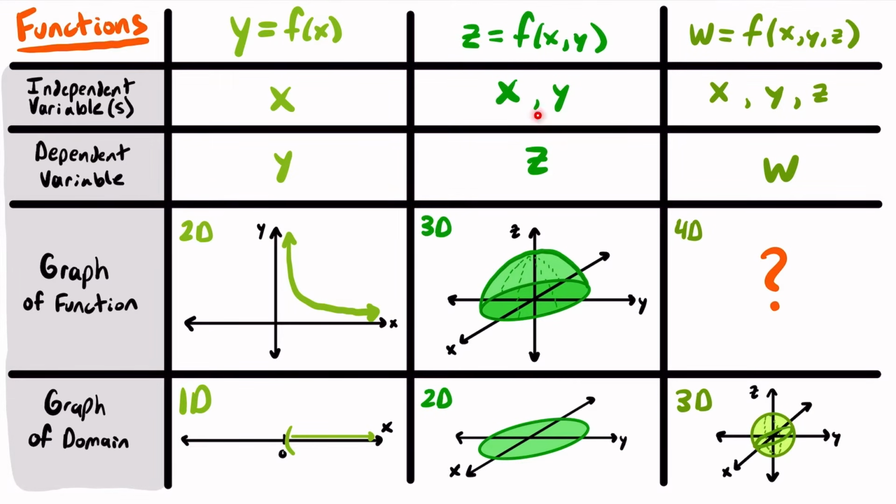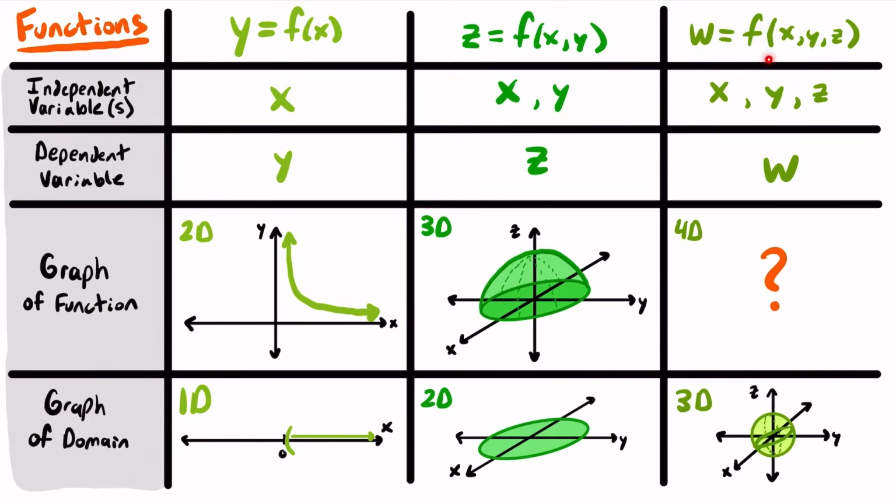So all of your input values represent a point somewhere in the xy plane that then, when plugged into the function, corresponds to a height along the z-axis. And so from plugging in different values of x and y into the function and getting out a z value, you get different points within the 3D coordinate system that together make up a surface. Alright, so functions of two independent variables give you three-dimensional graphs of surfaces.